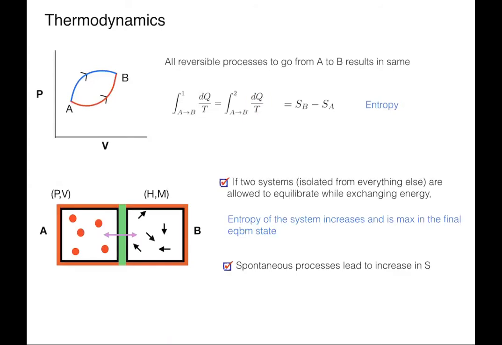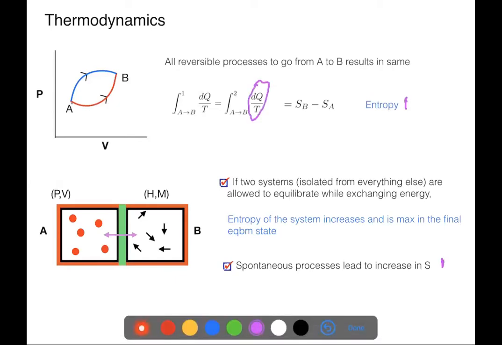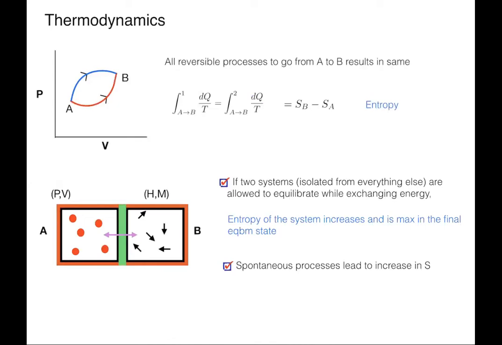And then, of course, you get the idea that if two systems which are isolated from everything else are allowed to equilibrate, that it reaches this long time state where nothing changes, the entropy of the system, while exchanging energy between themselves, will keep on increasing and is maximum in the final equilibrium state. Another way of saying this is that spontaneous processes will lead to an increase in entropy of the system.